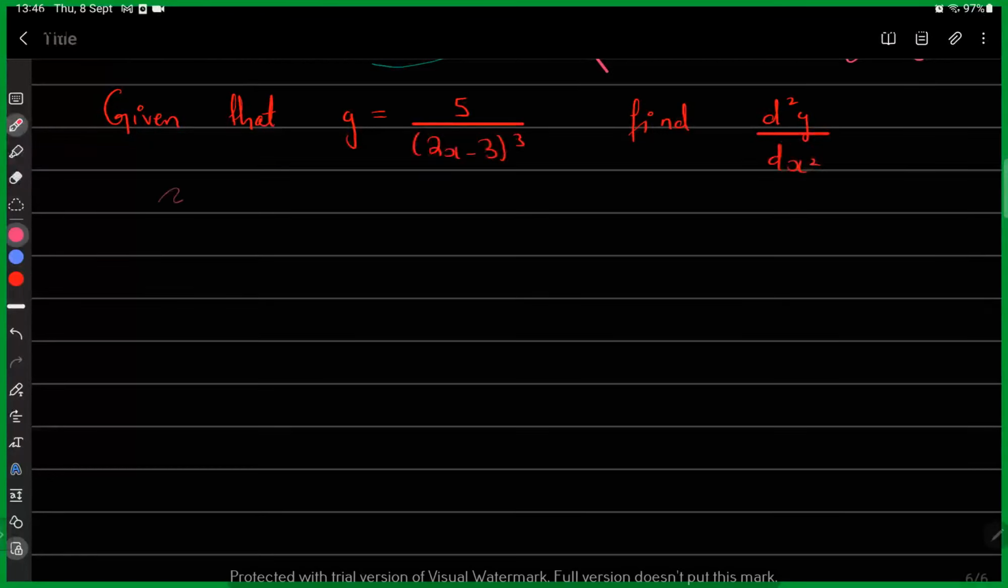Now this is your equation for y, and you need to find the second order derivative. You can call it the second order derivative, second derivative, whatever you're comfortable with. So this is basically the next question, and it is for you guys. I'll give you 4 minutes, try doing it, and then we will talk about the next concepts.